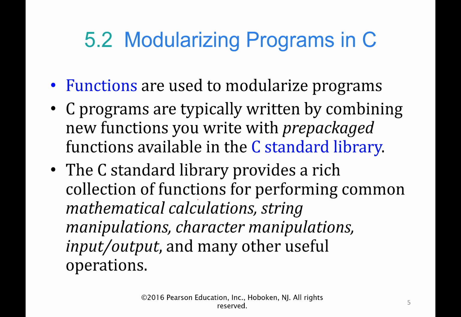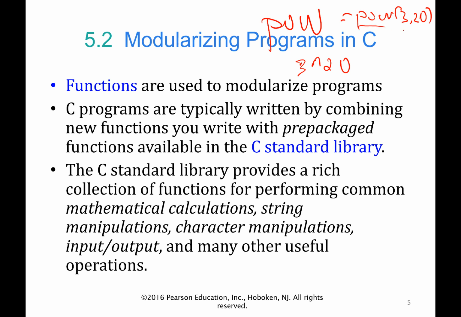Now, there's a whole bunch of functions that come with C. We've already talked about one in that example yesterday called pow. If I want to take 3 raised to the 20th, I would call pow(3, 20), and that will return a value.